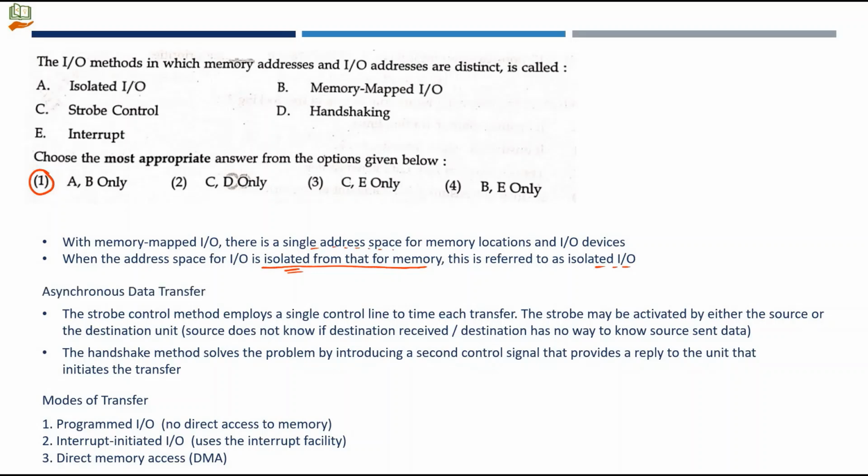The strobe control and handshake method belong to asynchronous data transfer, while memory mapped IO and isolated IO belong to IO transfer. So the IO methods in which the memory addresses and IO addresses are distinct will be isolated and memory mapped as per this option. These two can be called as IO transfer methods. So from there we can map this particular term.